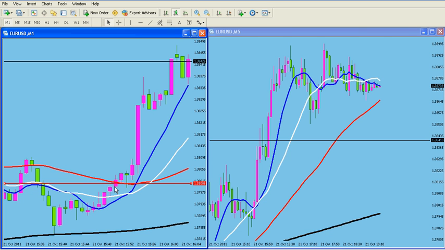I choose my advantage on the 1 minute time frame with a break above the 50 period, and I choose my advantage on the 5 minute time frame with a break and close above the 10 period SMA. My SMAs are my 200, my 50, my 20, and my 10 period.